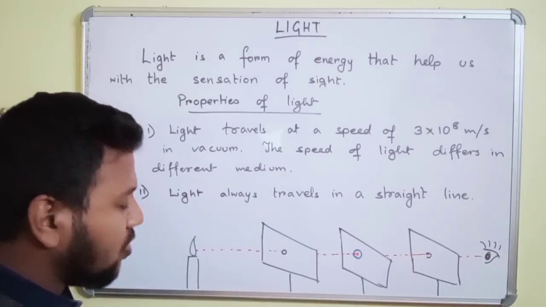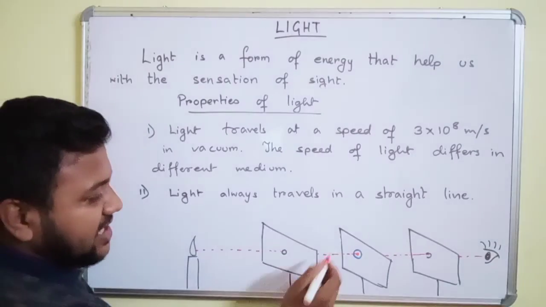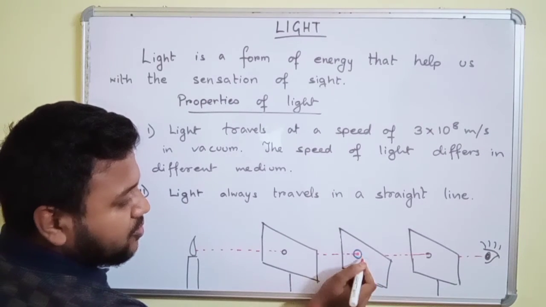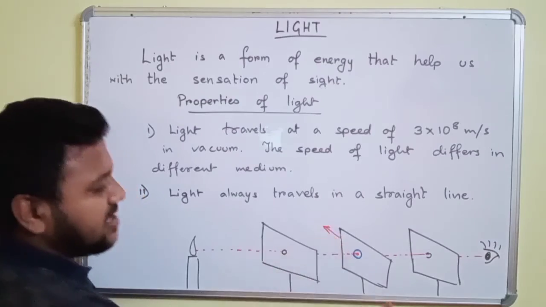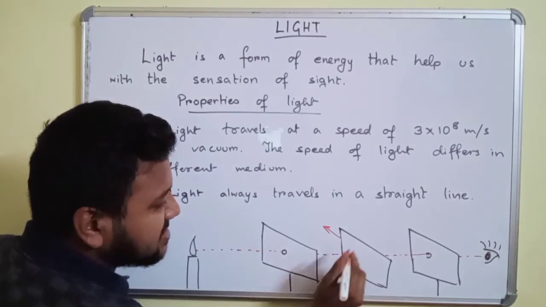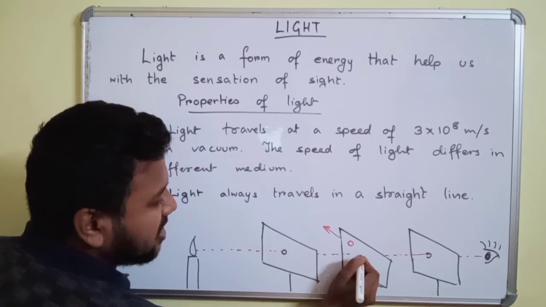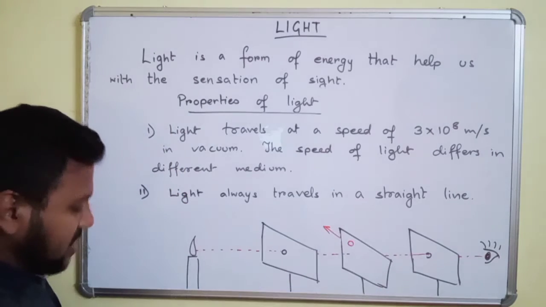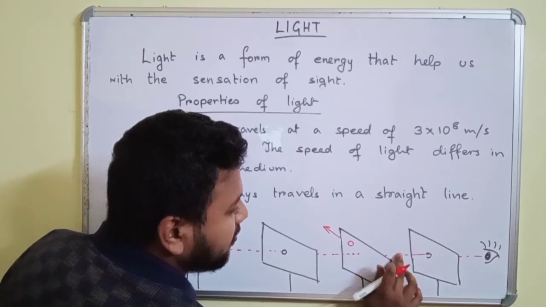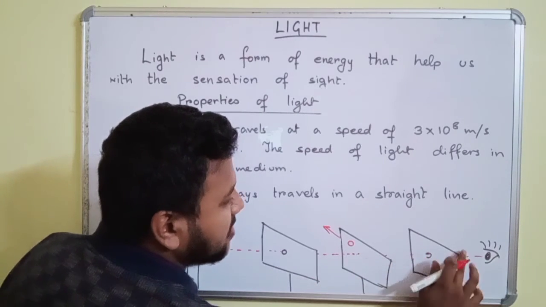Okay. Now we will observe that if we just shift the cardboard towards left or right, we will just displace the whole of the particular cardboard. Then this particular light will not be observed to flow in the later cardboard.